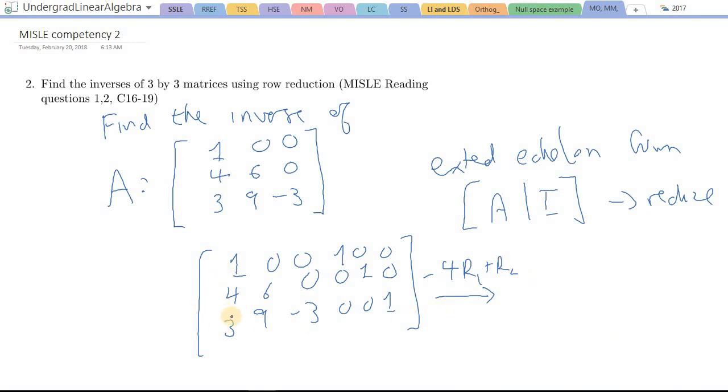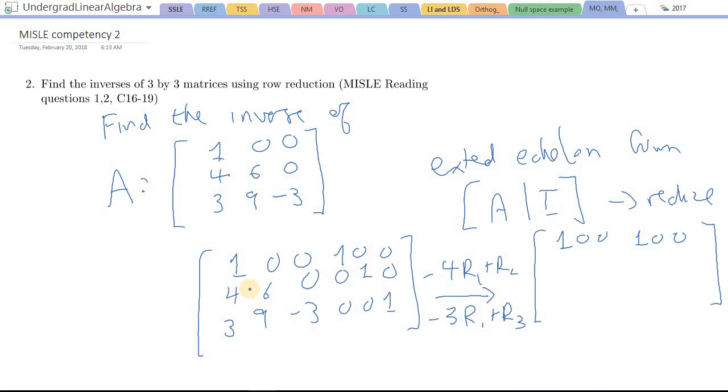And then the third row is going to be minus 3r1 plus r3. And because I'm eliminating the entries in the first column in these two rows, I can do these two operations at the same time. So the first row doesn't change.